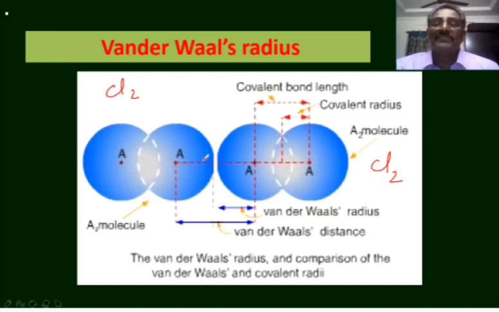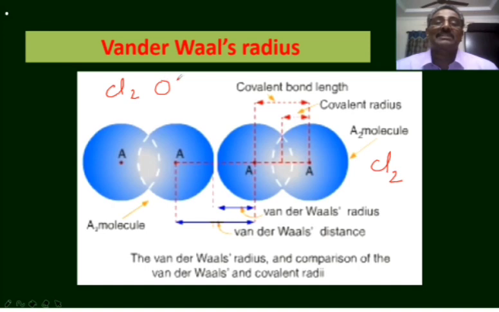So half of this intermolecular distance between the chlorine atom of one molecule and the chlorine atom of a neighboring molecule, which are not bonded by a covalent bond but are associated together by van der Waals force, is known as the van der Waals radius.